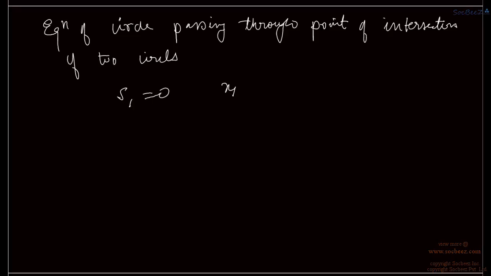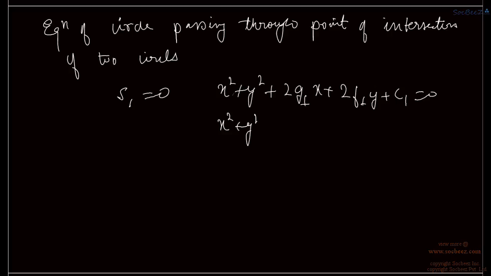Say one circle is S1 = 0, which means x² + y² + 2g1x + 2f1y + c1 = 0, and another circle is x² + y² + 2g2x + 2f2y + c2 = 0.